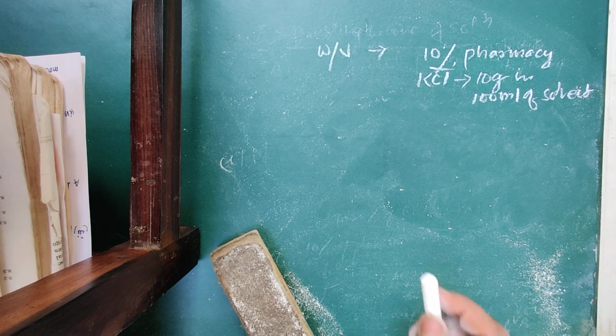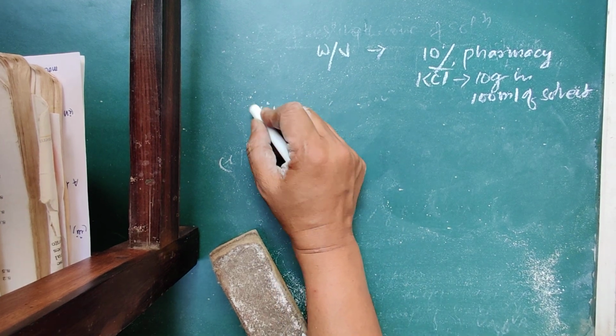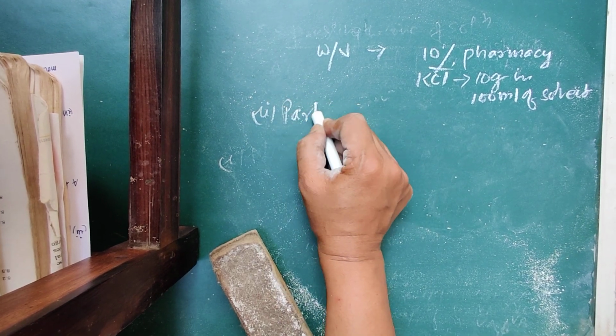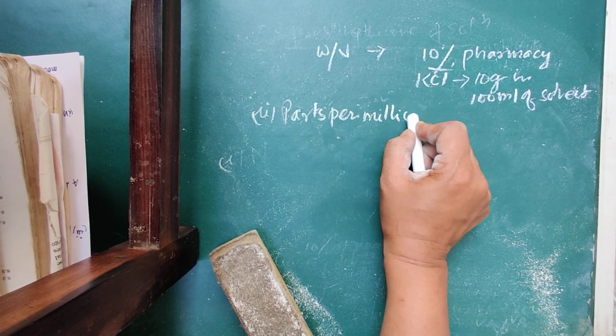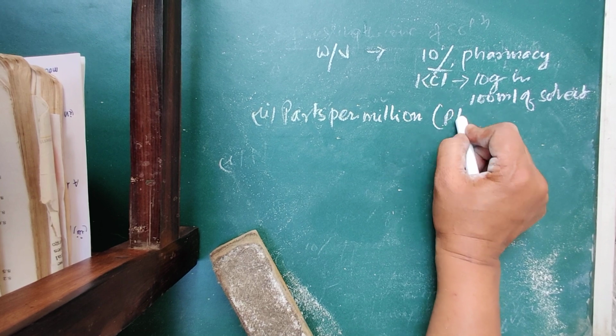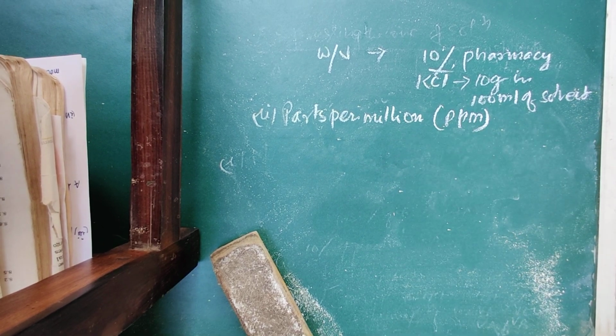First was mass percentage. Second, how to express the concentration? You can express parts per million, that is ppm in short.